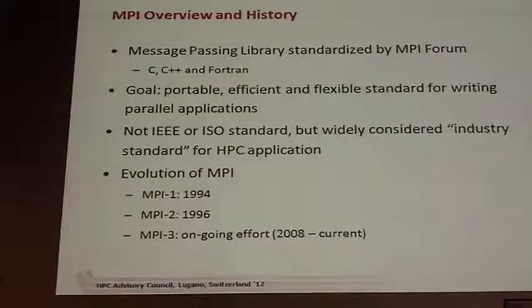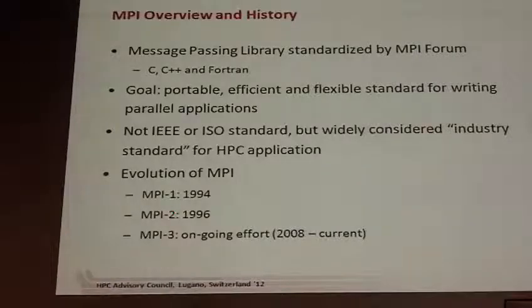So the goal was to come up with a portable, efficient and flexible standard for writing parallel applications, where the application can be written in C, C++ or Fortran. It is actually not an IEEE or ISO standard, but it is widely considered an industry standard for HPC applications. This is where the first standard, MPI-1, came in 1994.